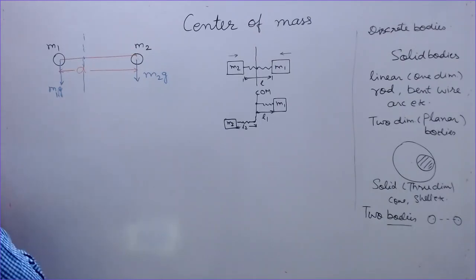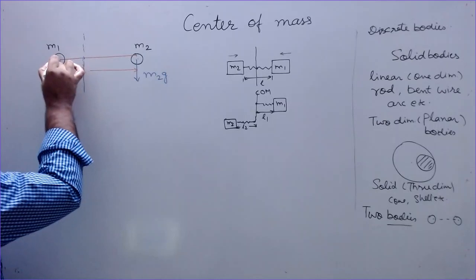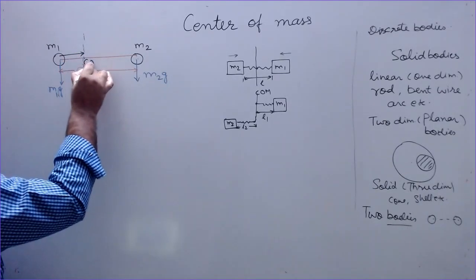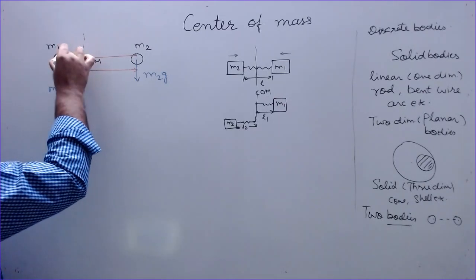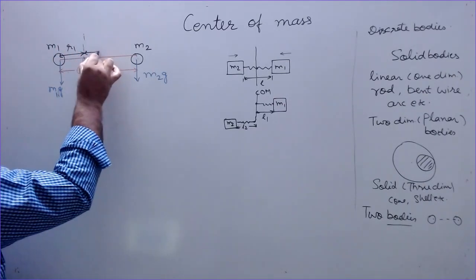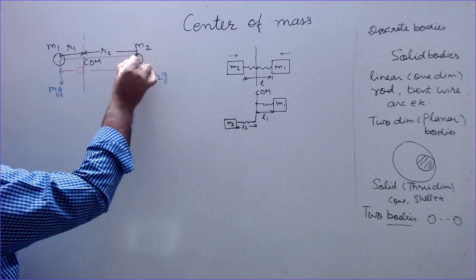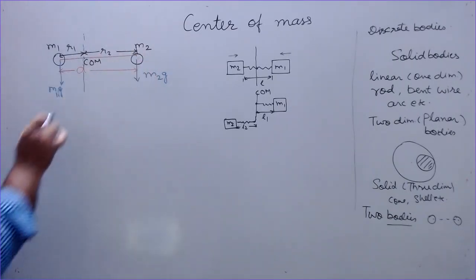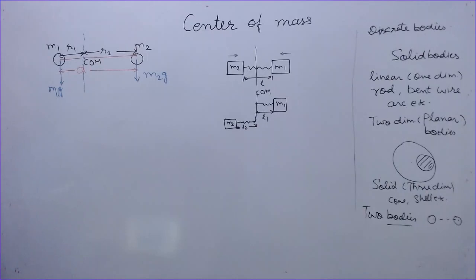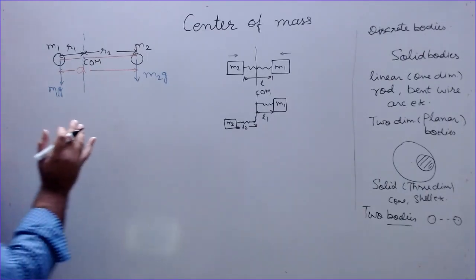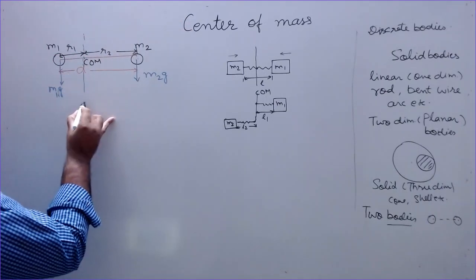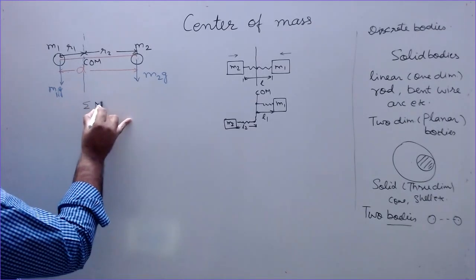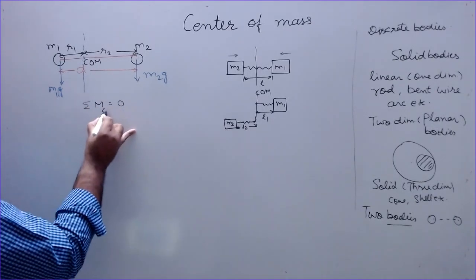So the distance of center of mass from their centers is, suppose, R1 and this is R2. So this point is considered to be the point where effectively the mass is concentrated. So if I take any force or torque passing through this, that must be equal to 0. So sigma of the moment about this point is equal to 0.